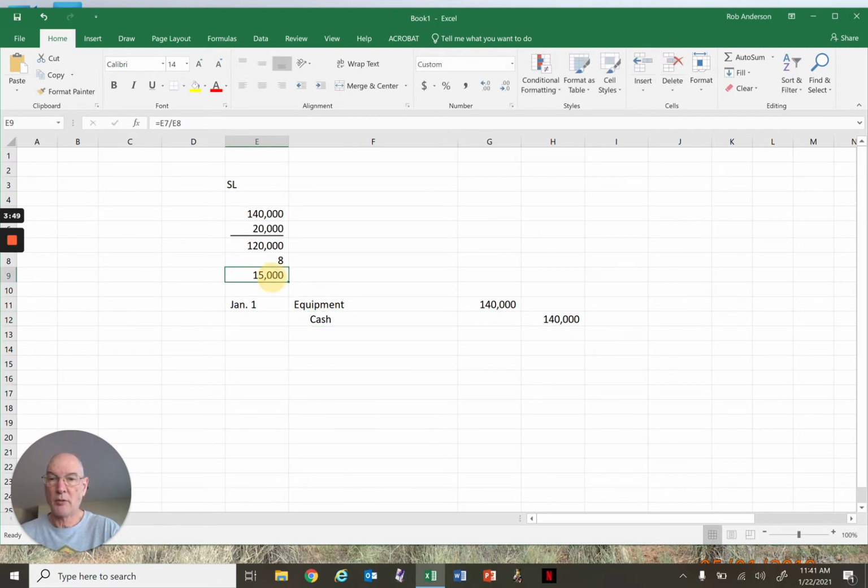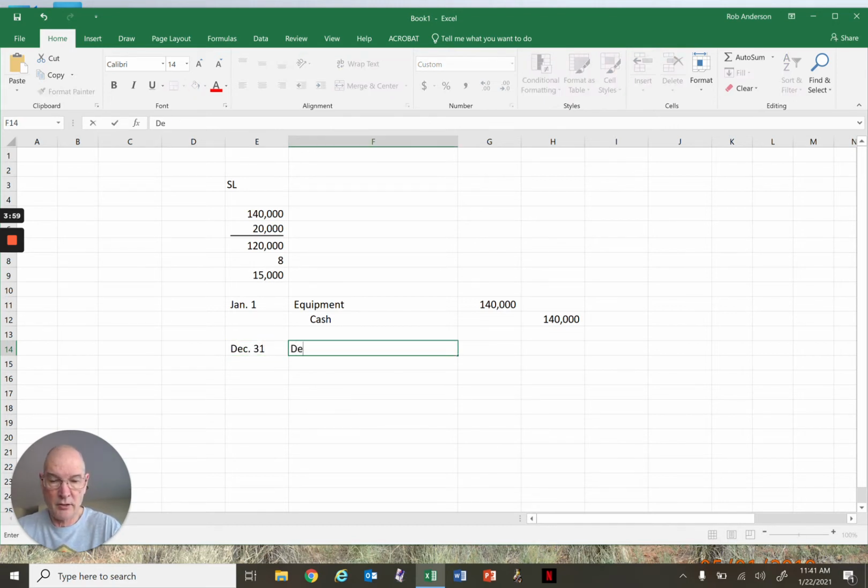Okay, so that's just buying the equipment. Now remember, we calculated a year of depreciation. So let's say year end is December 31. And our entry is depreciation expense, probably a comma and equipment, just so we know what it's for. And then we're going to credit accumulated depreciation.